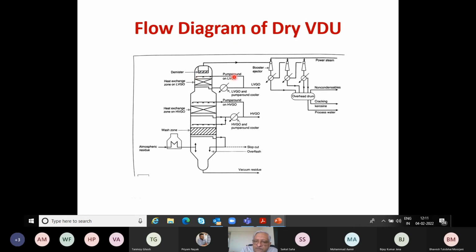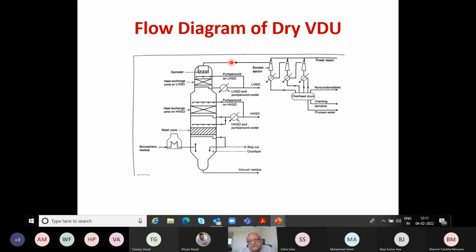So it tries to condense everything possible, and whatever is not condensed is basically uncondensable gases. These are called non-condensables. Just remember that this top product which is going is not exactly a product.